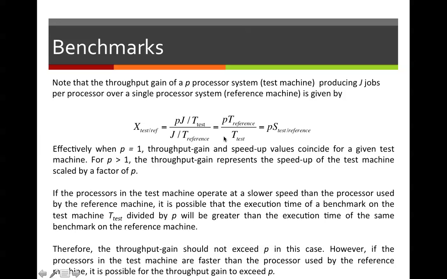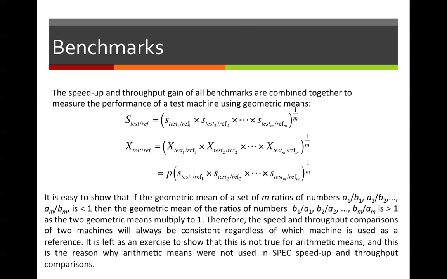So if you look at this, all of a sudden you get X test over ref is equal to P_test times S test over reference. So this rate-speedup relationship really remains dominant in the so-called SPEC benchmark. And all of these comments I've written down here pertain to this. So I'm going to pass this, just to bring us to how to take a bunch of benchmarks and compute average speedup and average throughput gain metrics, the rate, as SPEC benchmark people call it.